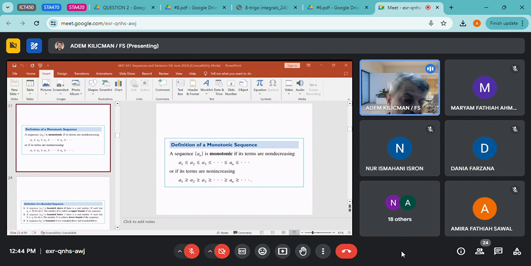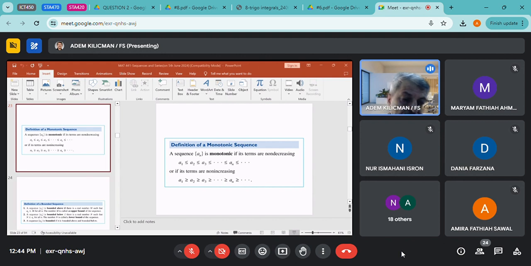So the smaller one, we will take that one as the least upper bound. Later on, you will see this as the supremum in your real analysis class.